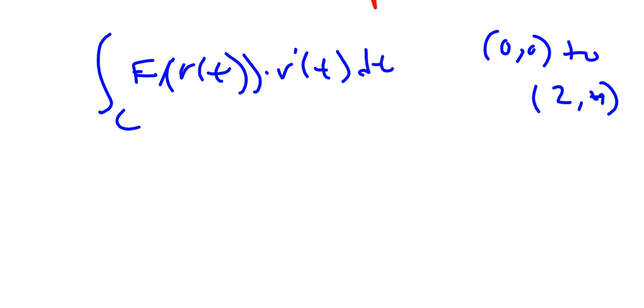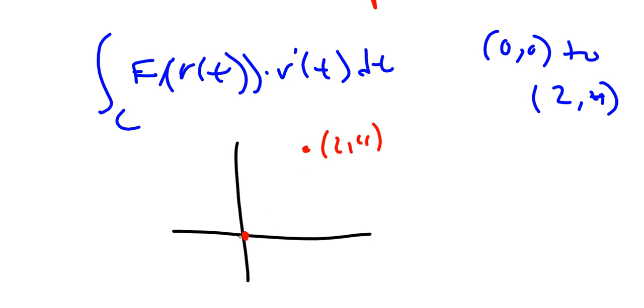So if we were to go from 0, 0 up to the point 2, 4, we could take a parabola there, y equals x squared, or we could take a straight line if we want. And my comment is that since the vector field is not conservative, these two line integrals will have different values. If they had been conservative, then the fact that they start and end at the same point would have made the two line integrals the same. So there you have it.